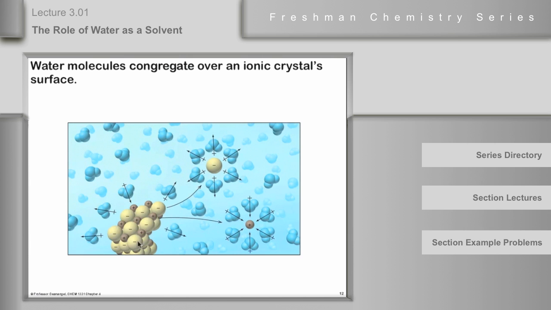So if we just dropped a crystal of sodium chloride into some water, the water molecules would immediately congregate around the surface of that crystal. The surface of the crystal is made up of positive and negative ions, sodium ions and chloride ions.